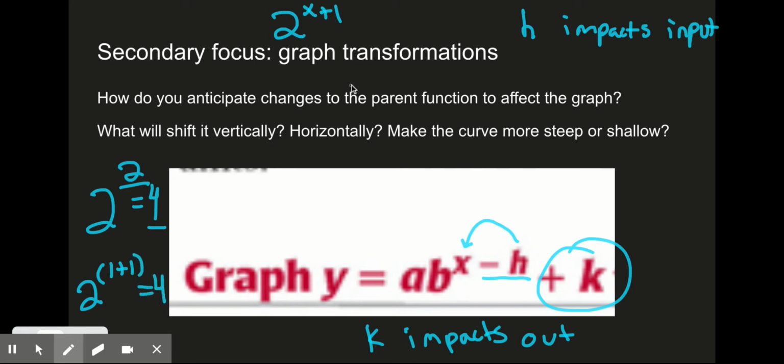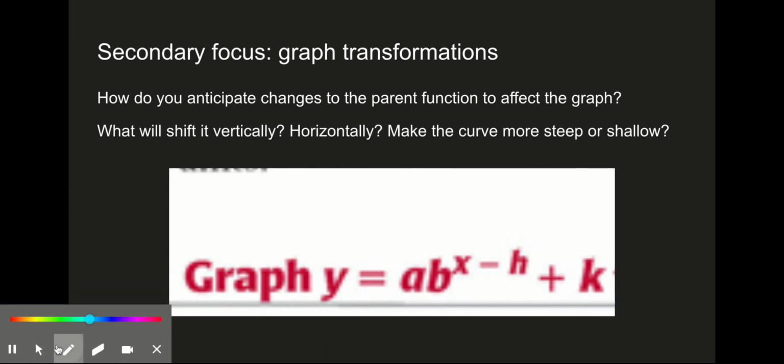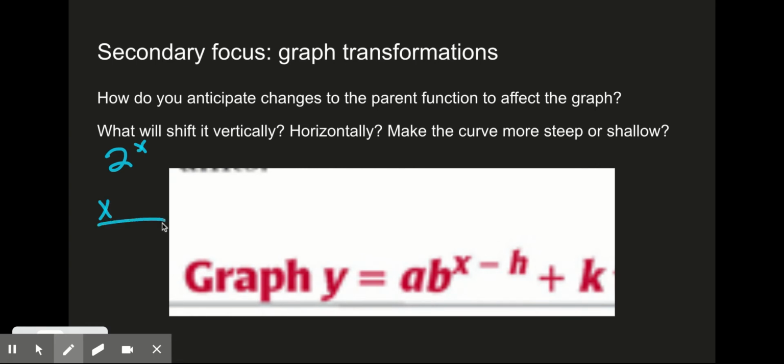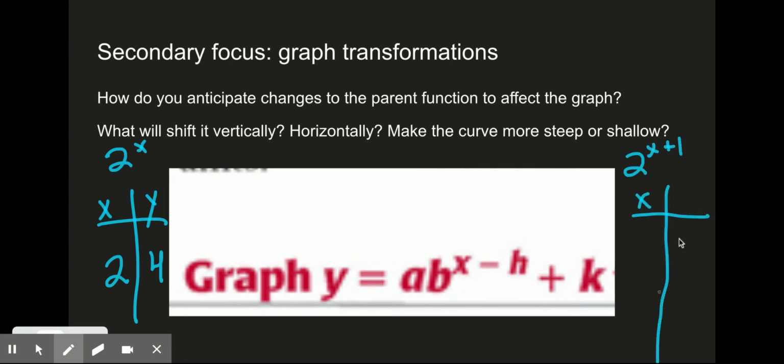So suddenly, if I'm comparing the input charts of 2 to the x, in which case an input of 2 gets me 4, versus 2 to the power of x plus 1, I don't actually need to use 2 to get to 4. I can use 1 and get to 4.